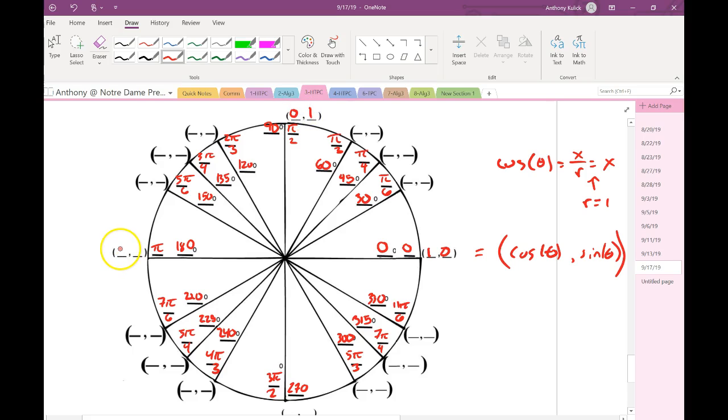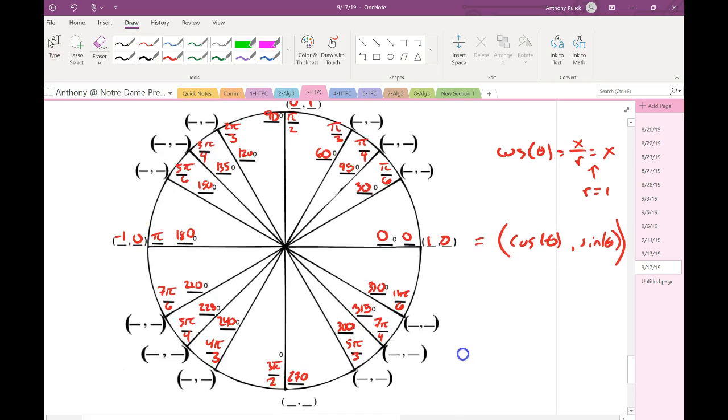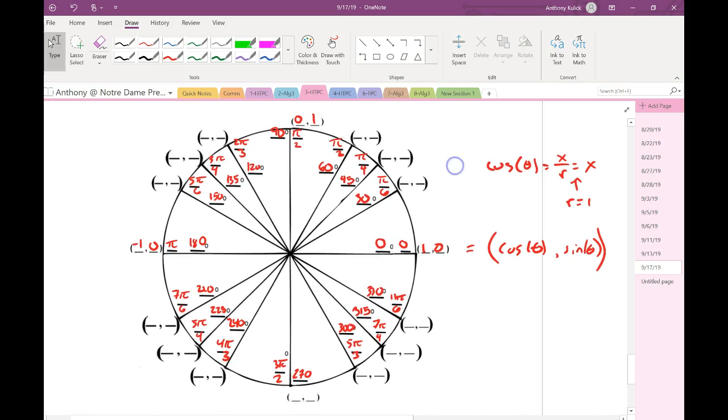And then at 180, negative 1, 0. And down at 270, 0, negative 1. Those 4 angles have a special name. They're called the quadrantal angles because they are angles whose terminal side lies on the boundary between one quadrant and another. That's not important that you know, but it's a nice aside that they do have a special name.